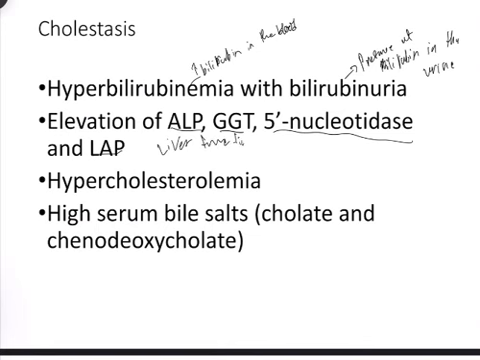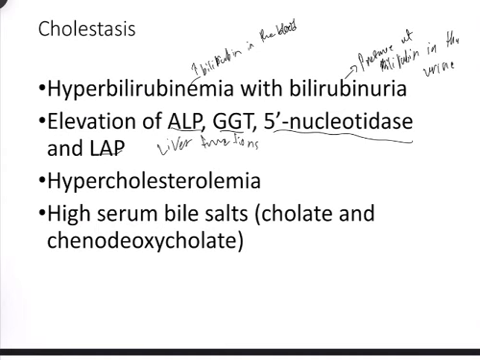Now, this test assesses your liver function. What else is there? It is possible to have hypercholesterolemia. Why? You don't produce enough bile. That's why no emulsification and no degradation of lipids is being done.